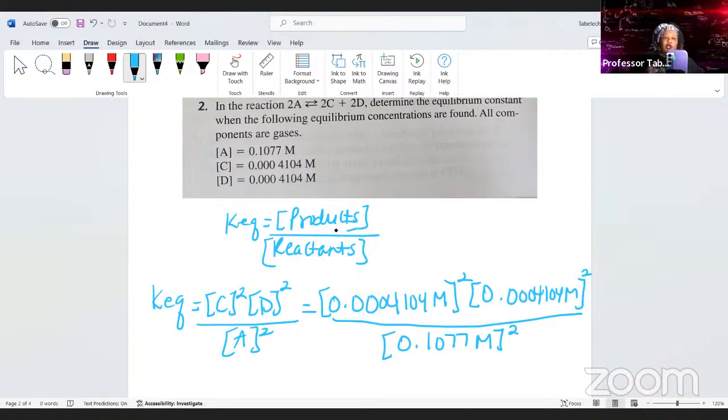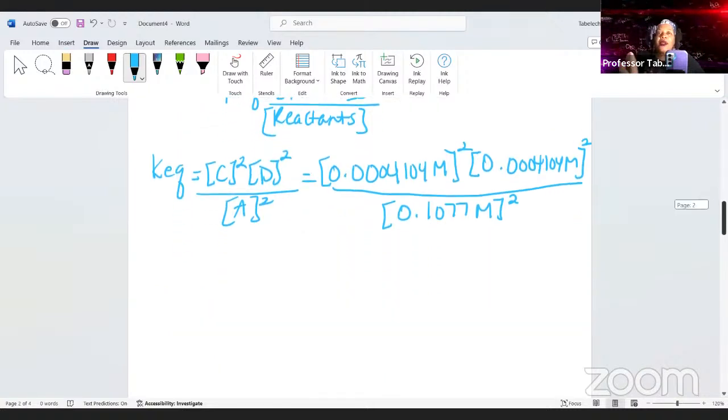So now what you're going to do is go ahead and square the top numbers. Since this number is the same thing, you're going to square that number and you're just going to do it twice. So let me plug this number in right here so you all can see that.